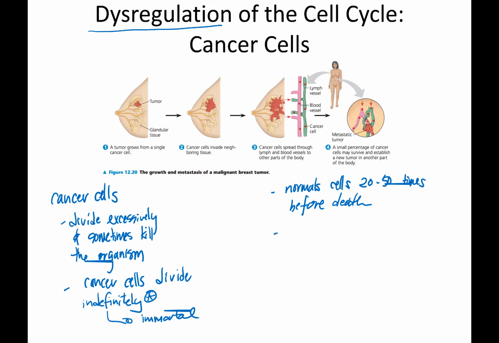And the most famous cancer cell line is called HeLa cells, which was derived back in 1951. This is a cervical cancer cell line, cervical cancer cells. And they were derived from a patient named Henrietta Lacks.